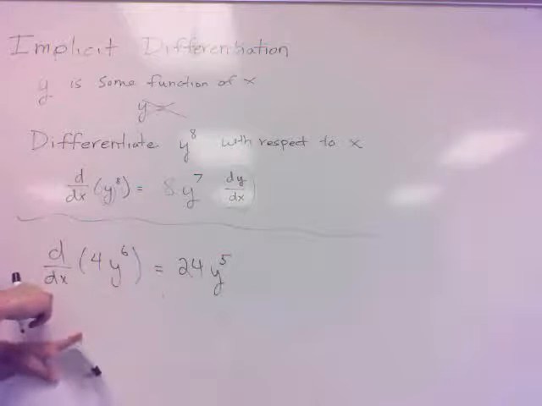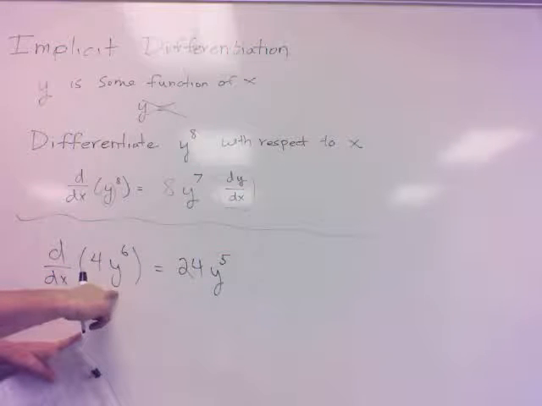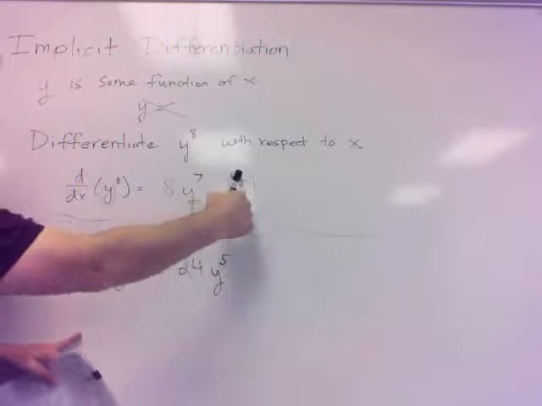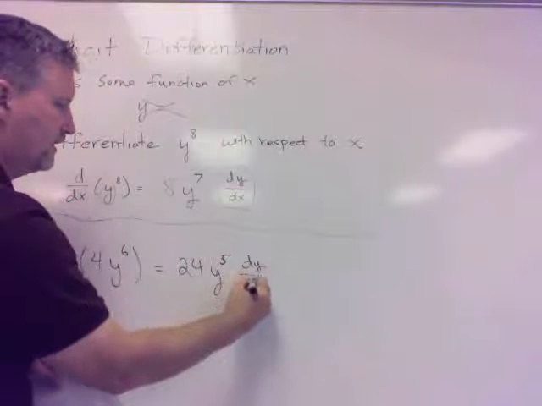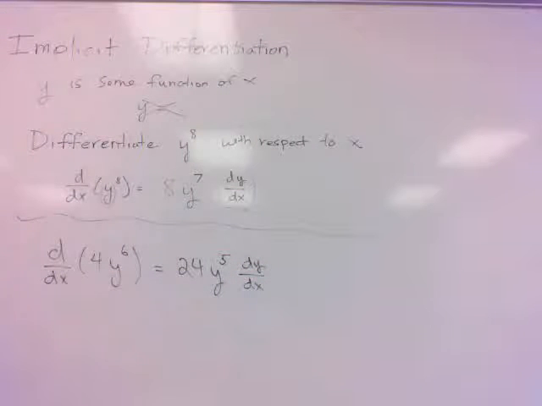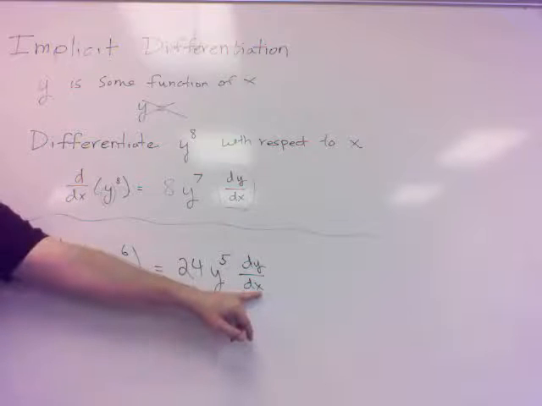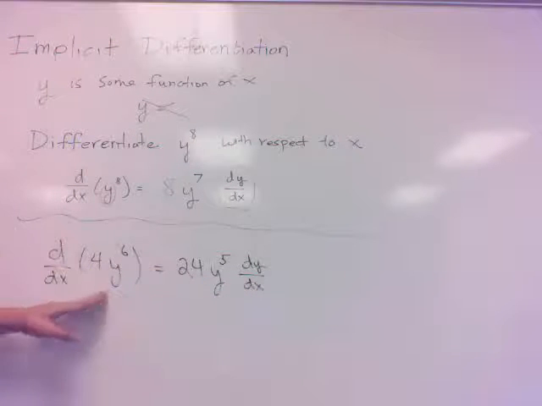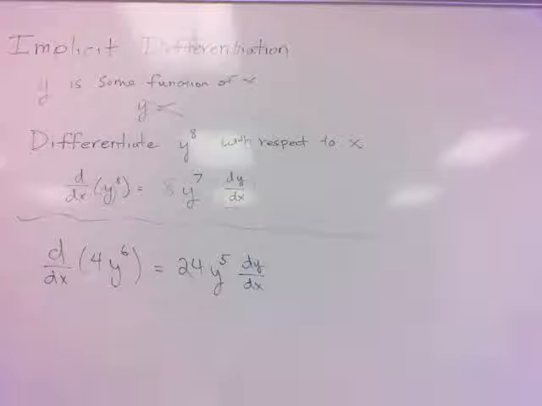But since I'm doing the derivative with respect to x of something that involves y, I've got to add that dy dx. And so that's what this implicit differentiation will do: we'll have some dy dx's tacked onto the end of these things we take the derivatives of. Is that okay?